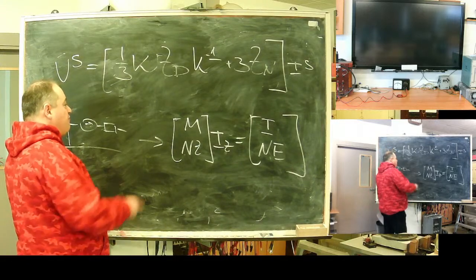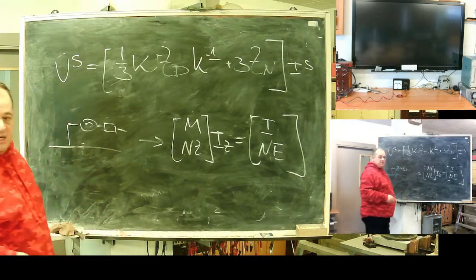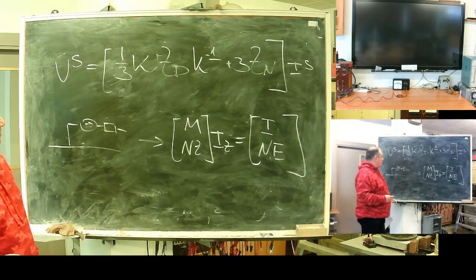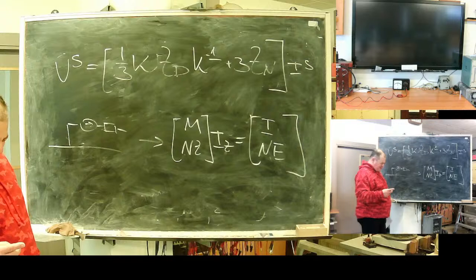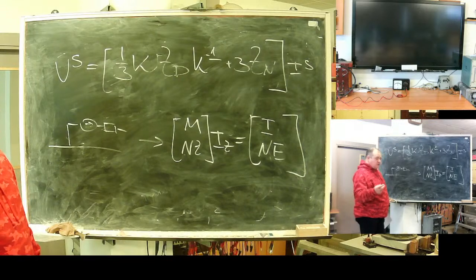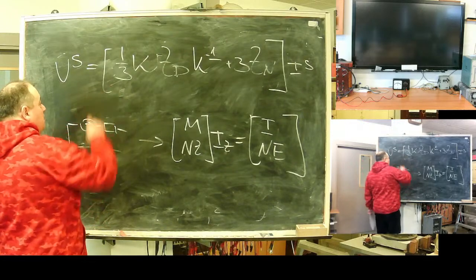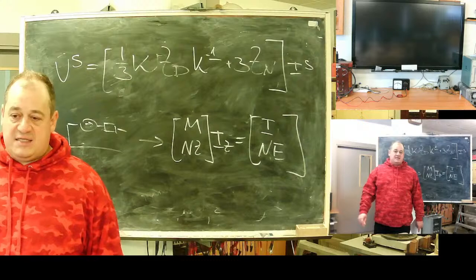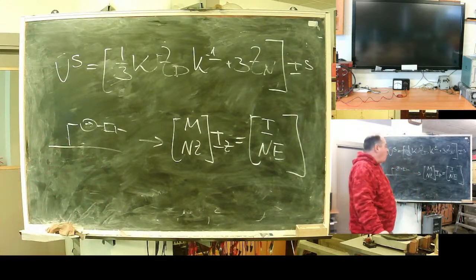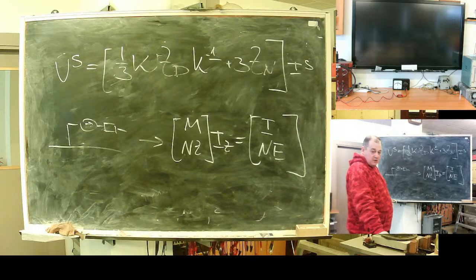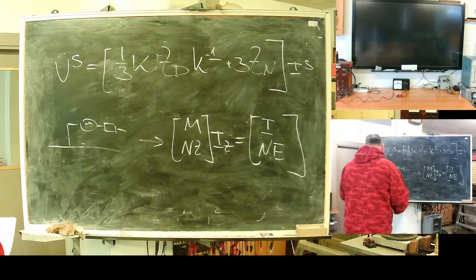So I will have three equation systems, one for each sequence network, and this one interconnects them into one common system. It's a border condition.